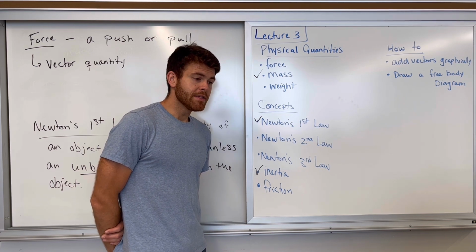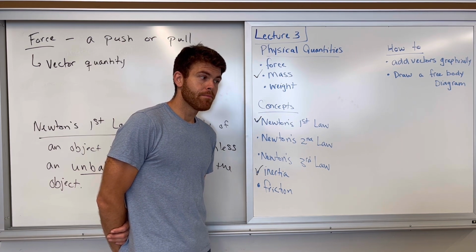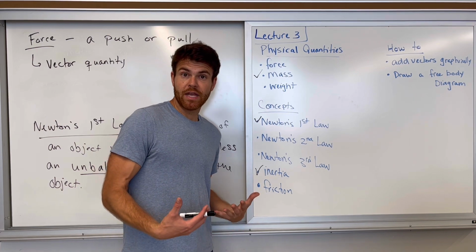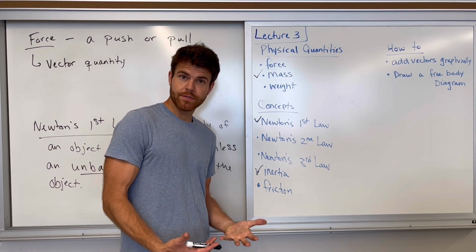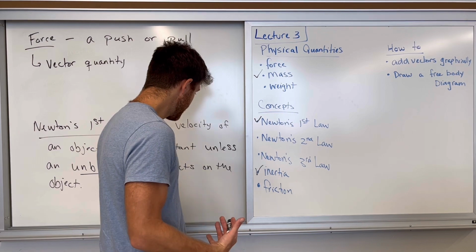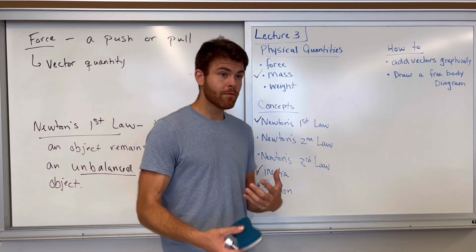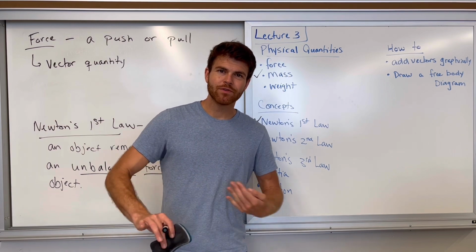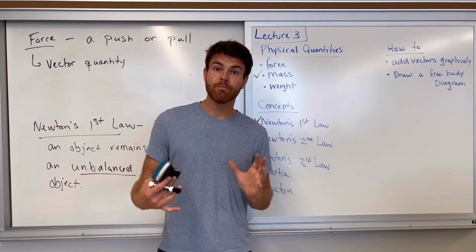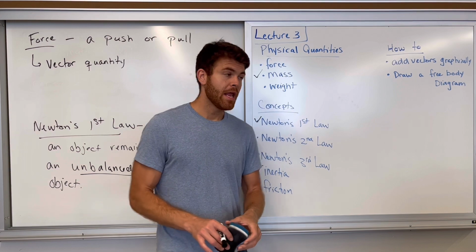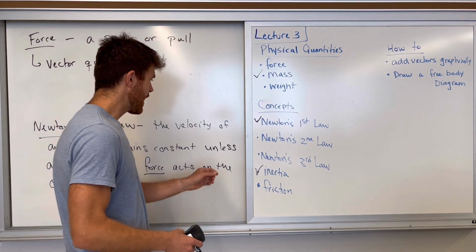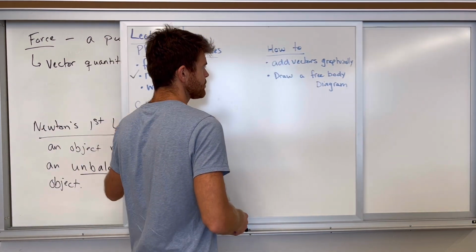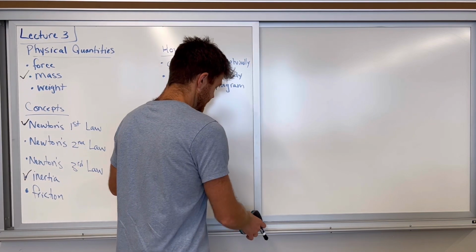And so unbalanced suggests that there is a state where there's balanced forces. Balanced forces is whenever there are multiple forces acting on an object, but they all cancel each other out so that they're balanced, and the net force acting on the object is zero.